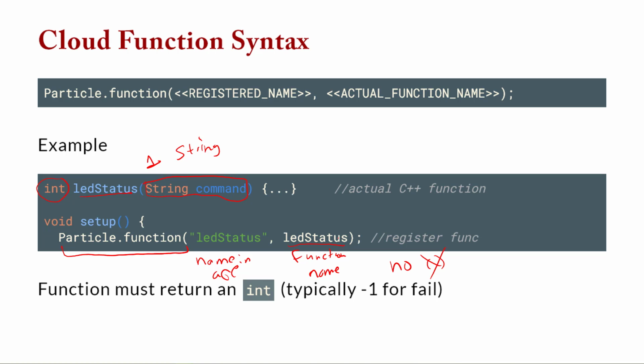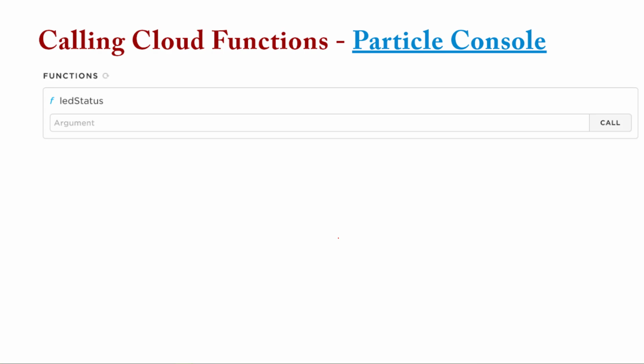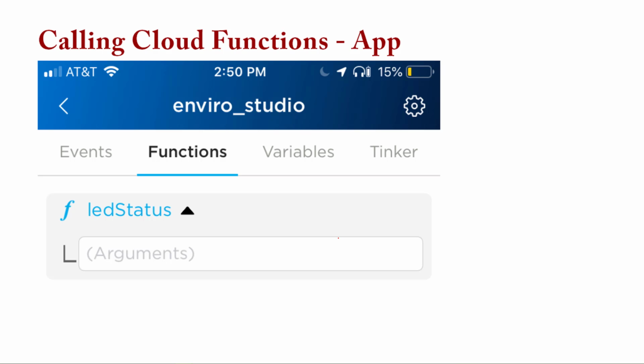Now, when you want to call that function, go to your app, and you'll see here, I'm on the console, right? Or if I'm in the app, you see this version. And all I have to do is put in whatever parameter I want to send to that function. So we just had that LED status. So if I want to send a parameter, I can type in something like off, and then I would hit send, or hit enter, and that's going to send that signal.